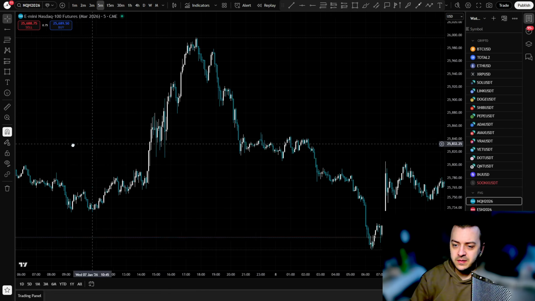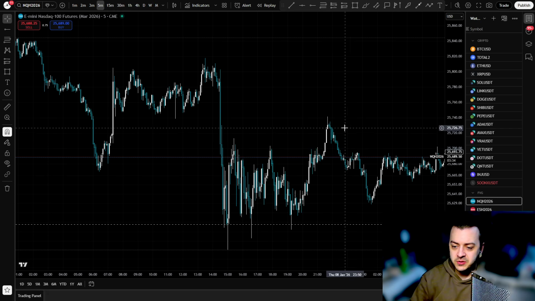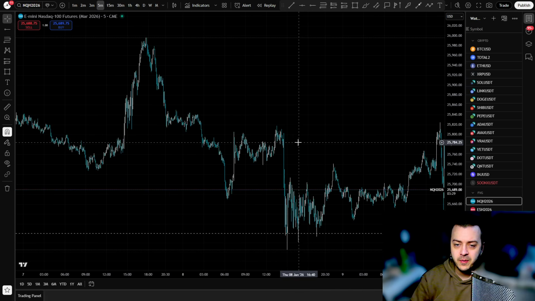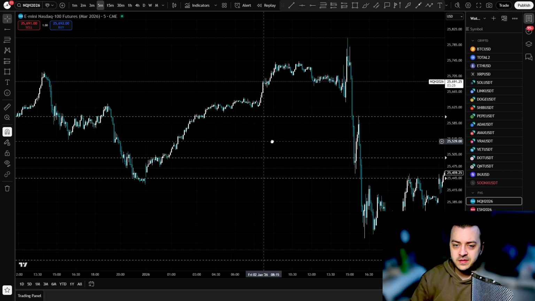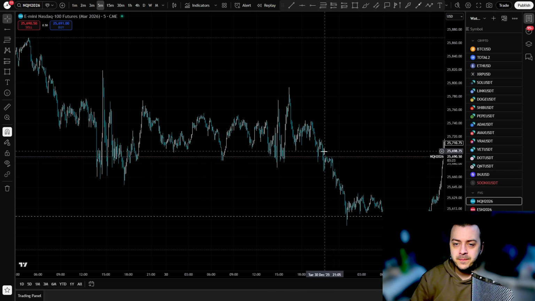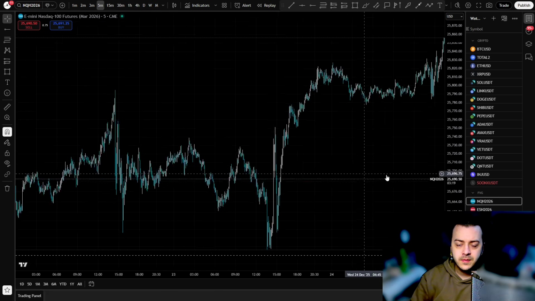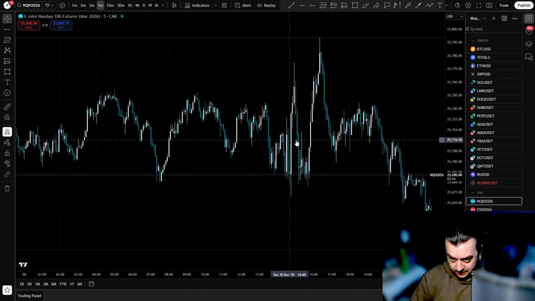There was a really decent trade over the past few weeks, and I'm just trying to remember when it was. It might be before this even. Is it in this area here? I'm never going to be able to find it. But anyway, you get the idea.